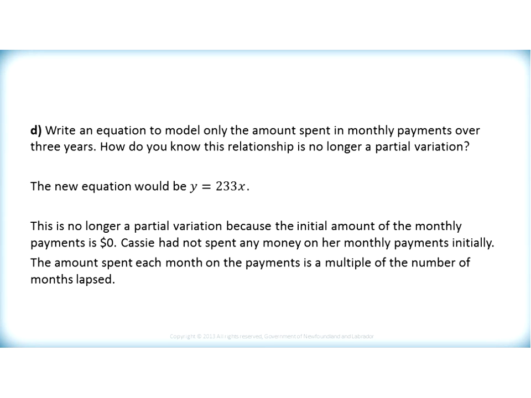After the first month, she's made a down payment, but she hasn't made any monthly payments. So the amount spent each month on the payments is a multiple of the number of months lapsed. In a direct variation, which is what we're looking at now, the dependent variable is always going to be a constant multiple of the independent variable.